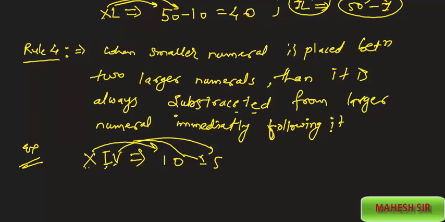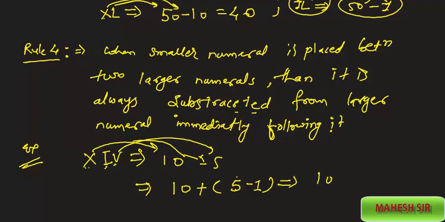We can solve this one in this way: 10 plus 5 minus 1, so subtracting from the following one. So 5 minus 1, it becomes 10 plus 4, and 14 is the answer.